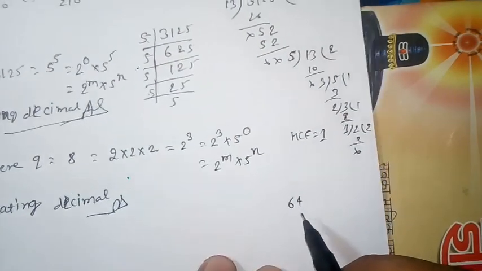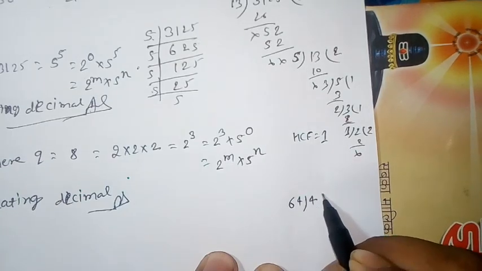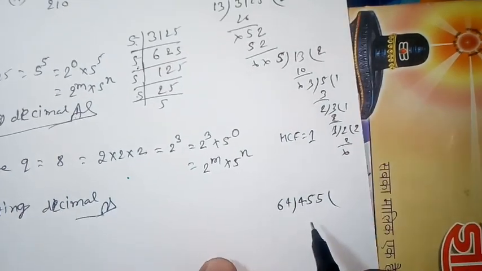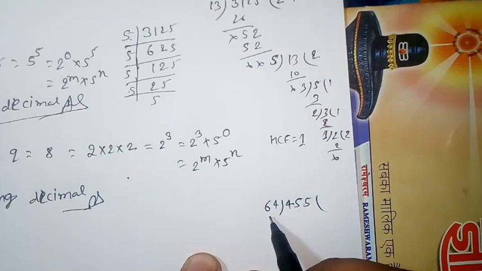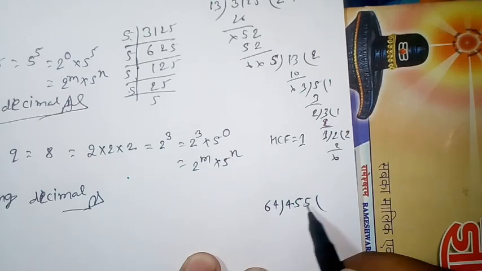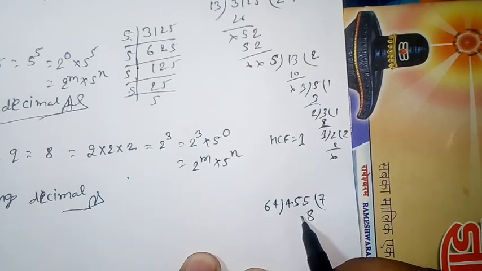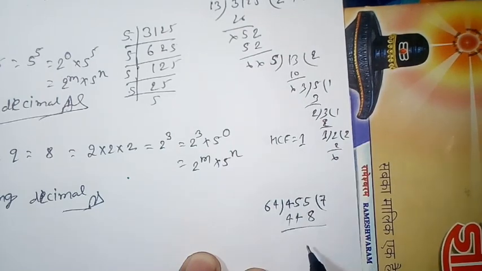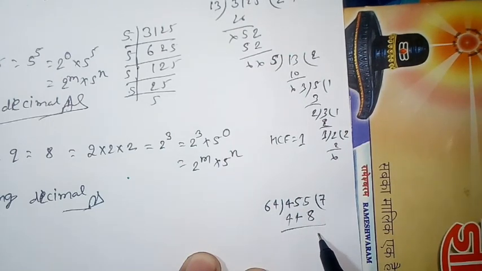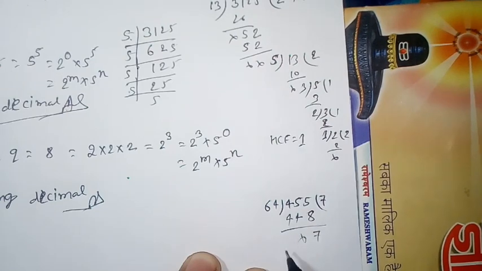64 divided by 455, 6 7 are 42, 7 times, then 8 4 4, 7.